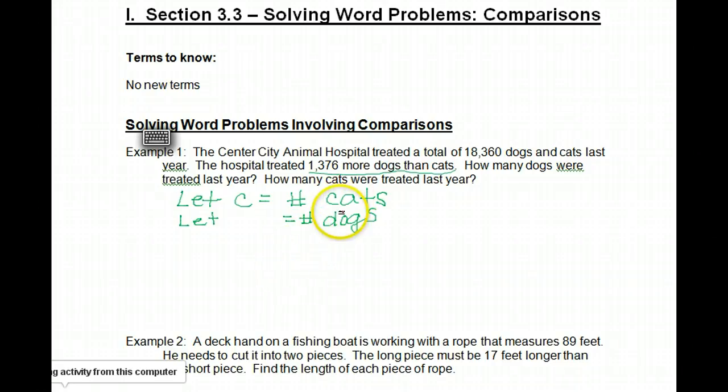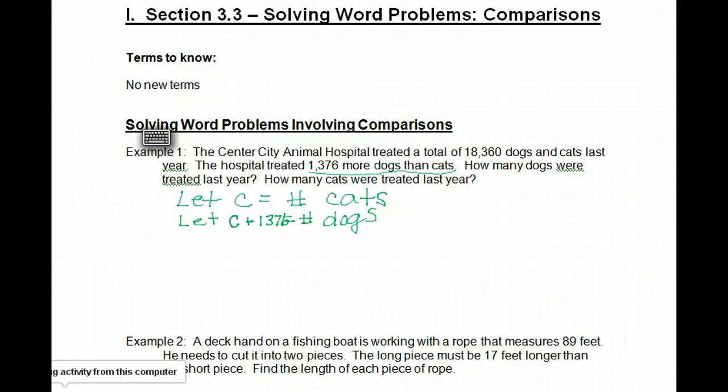So there are 1,376 more dogs than cats. So if we have C number of cats and there's 1,376 more dogs, more than means addition, so that means we're going to be adding.